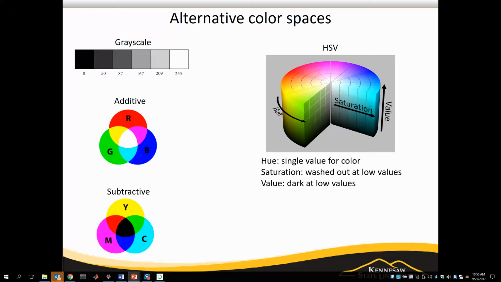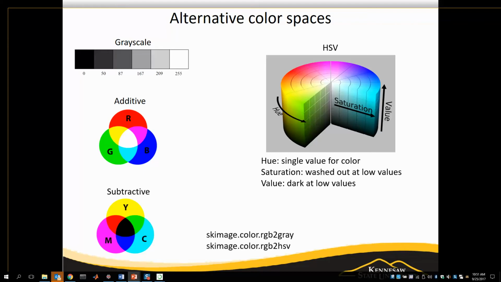Okay? Especially not in grayscale. But this allows you, no matter how washed out it is, you can still get a color value out of it. Okay, it's easier to get that. Then the value is basically how bright is the color. The top there, you see that's the brightest, truest color, and on the bottom it's basically black. Okay, so that can be useful if you're trying to detect colors.